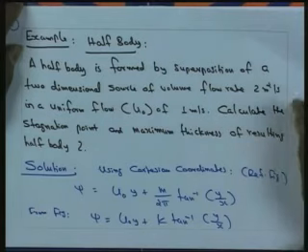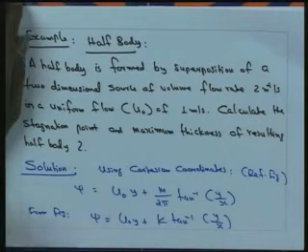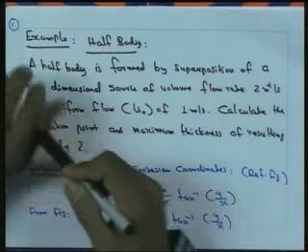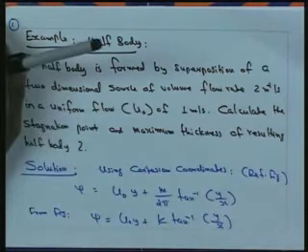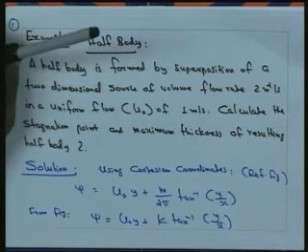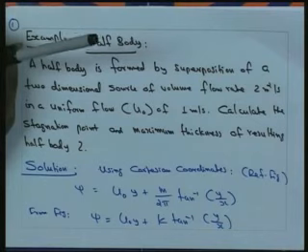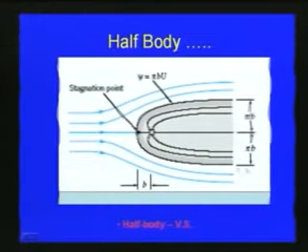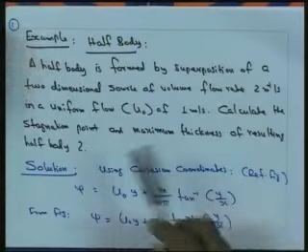We want to find the stagnation point and the maximum thickness of the resulting half body. The various parameters of the half body we have already discussed, such as the stagnation point, the thickness and others. So, with respect to the figure, we will be analyzing this problem.